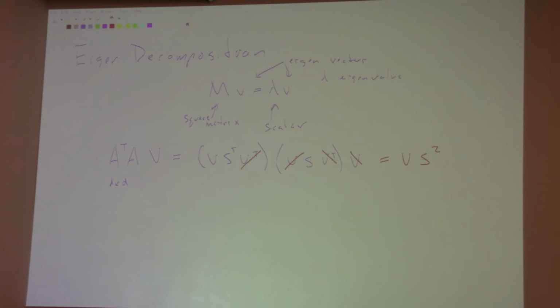So I can think of this as just the square part of S, the d by d part of S, and I get V, the right singular vectors, times the squared singular values.